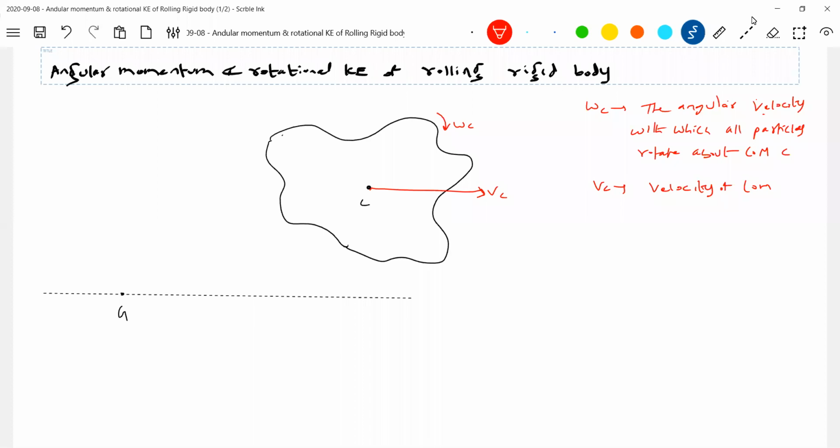The center of mass will move horizontally, and all the particles rotate about the center of mass.